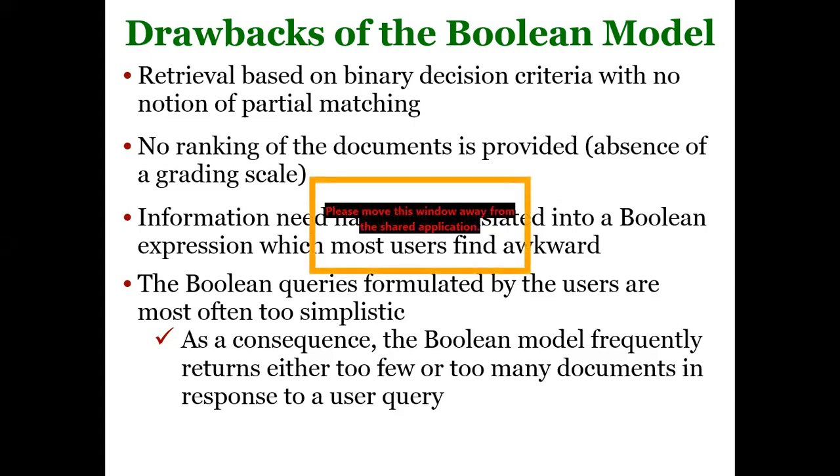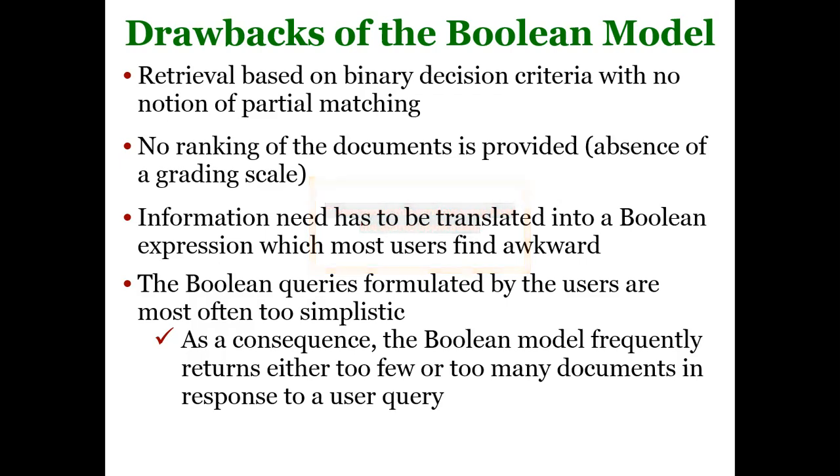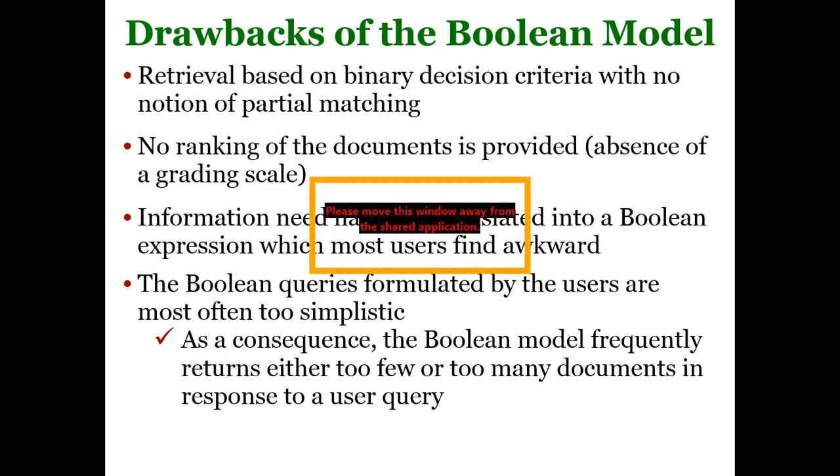Since the Boolean model is using binary weight, we can't apply partial matching. Again, to what extent we take partial matching into account depends on what kind of logical operator we use. If we are using the logical operator OR, it takes partial matching into account. But if you are using the logical operator AND, it applies exact match if and only if all the query terms are available in a given document.